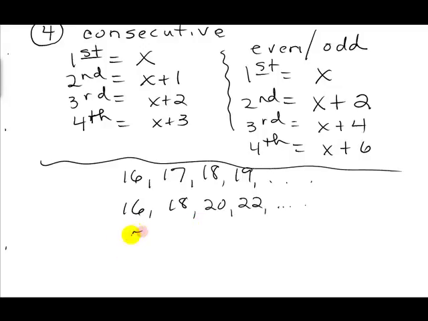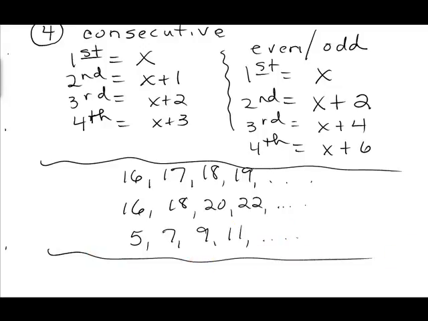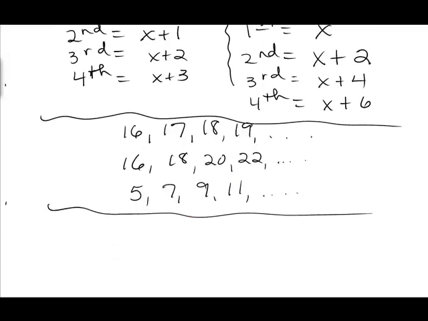If I had an odd number, let's say 5, it's still 2 apart: 5 plus 2, 5 plus 4, 5 plus 6. So just keep all of this information in mind whenever you're being asked about consecutive numbers.